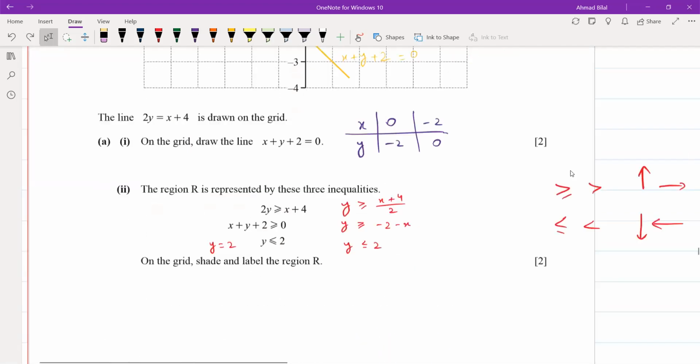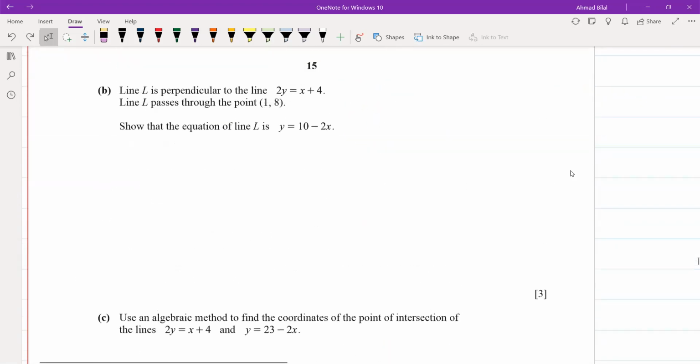Show that the equation of the line is y equals 10 minus 2x. This is what you have to do. Remember, equation of line के लिए हमें क्या क्या चाहिए होता है? We need two things. We need the gradient and we need one point.